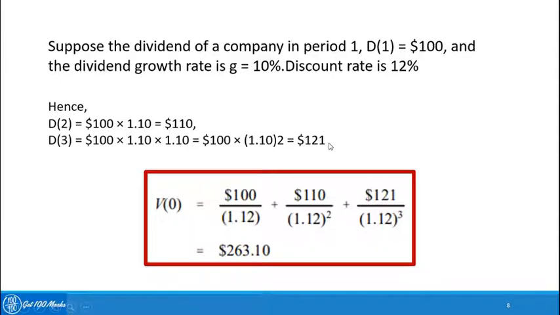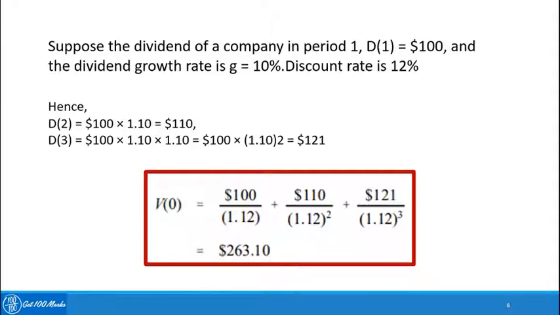If you find out the present value of these dividends, the process of finding out the present value remains the same, which means 100 in the first year, 110 in the second year, 121 in the third year, and then you discount these dividends at a rate of 12% for 1 year, 2 years, and 3 years respectively to arrive at $263.10, which is the present worth of this stock. I hope this is clear.